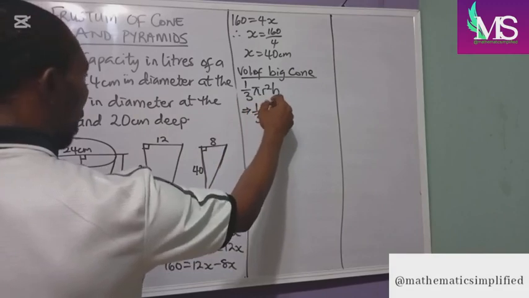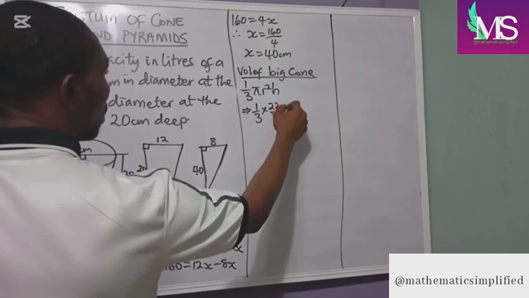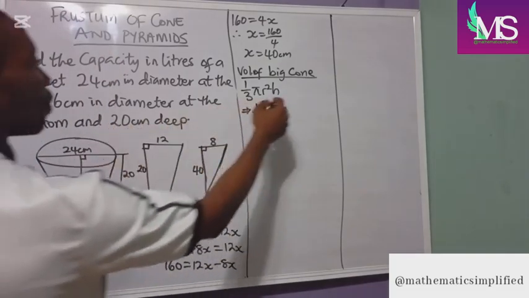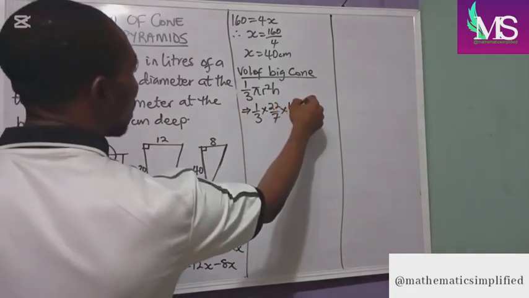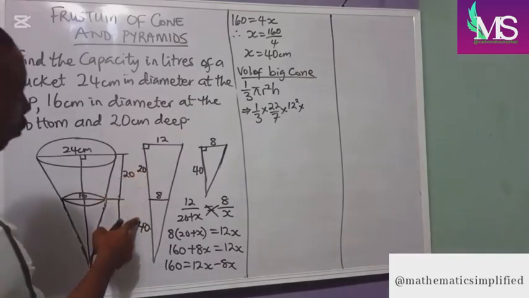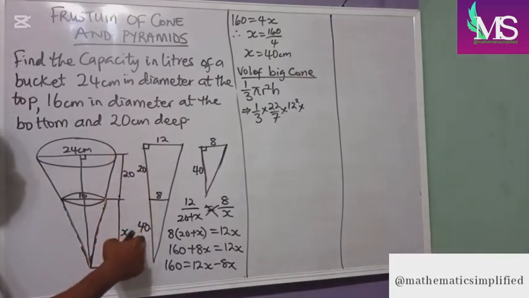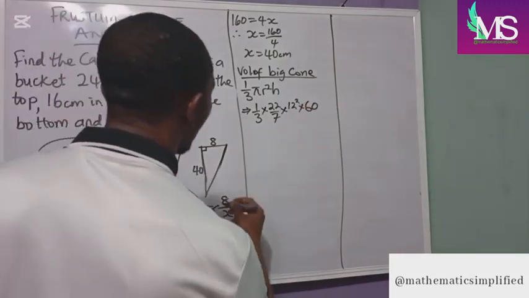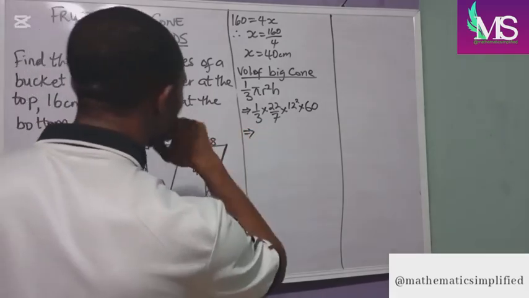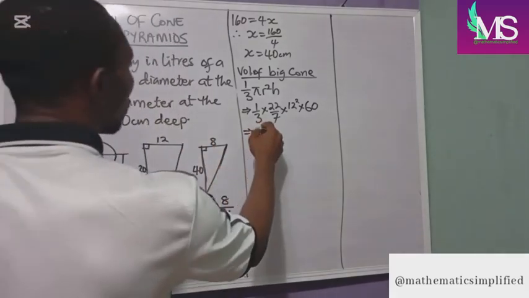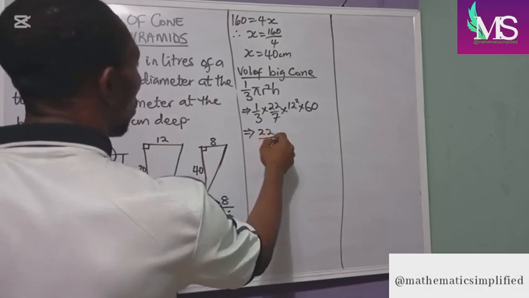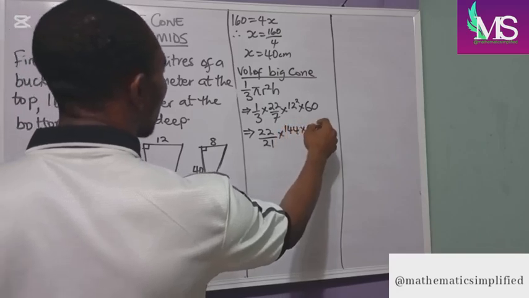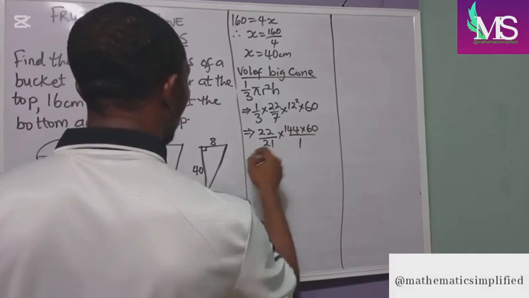Now this will become 1/3 times pi, which is 22/7, times r. Now our r for the big cone is 12 squared, times our height. Our height, remember, our entire height is 20 plus 40, which will give us 60. Okay? Now we are having this as 22 all over 21 times 144 times 60 all over 1.